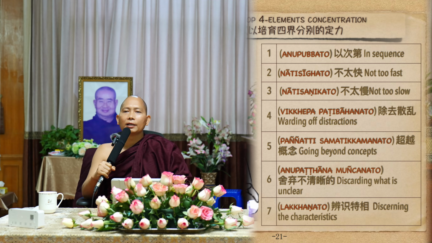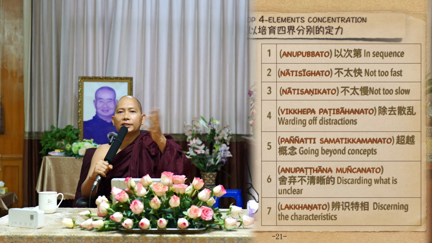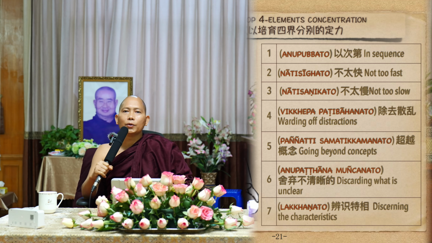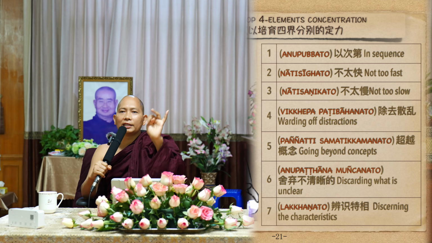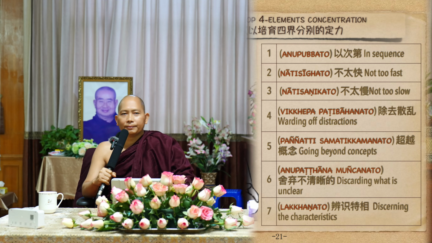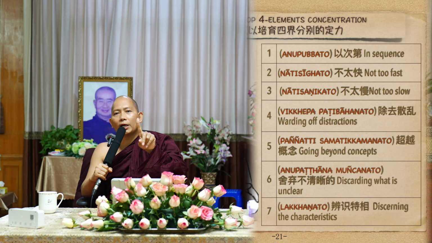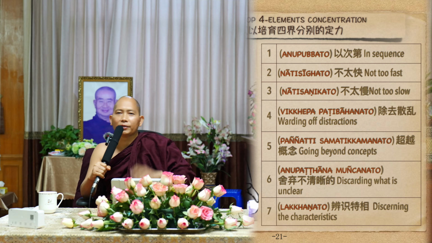For example, there are 6 characteristics in the earth element. 3 are opposite to the other 3. The 2 groups are opposite each other. For example, hardness, roughness, heaviness are the group of heavy ones, garu. Then softness, smoothness, lightness, these 3 are the light ones, lahu. That is why when one is obvious, the other may not be obvious.